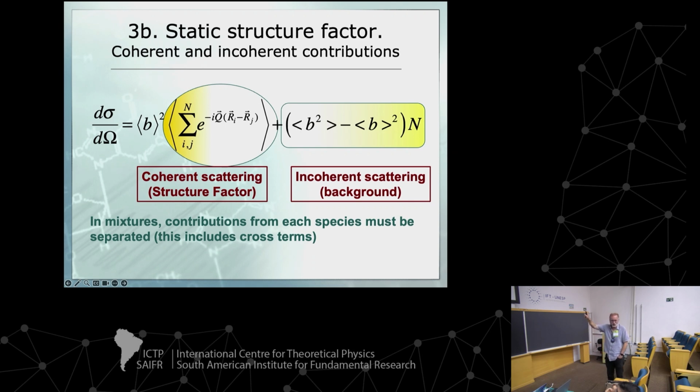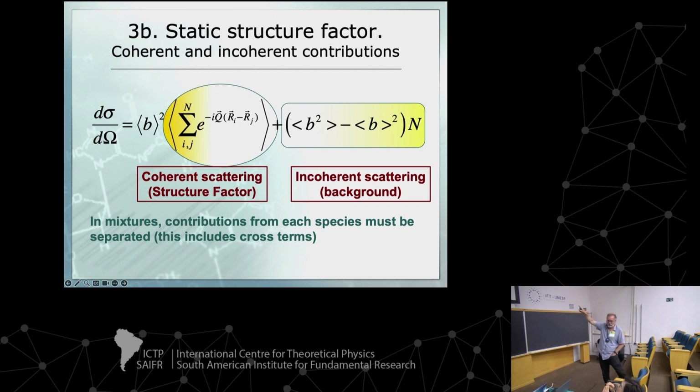For the case of elastic scattering, the first term, I see there is a mistake there. That should be squared, what is inside the average, right? The first term is the structure factor. That's the quantity of interest that will come out of your experiment. And the second term is the incoherent scattering background.